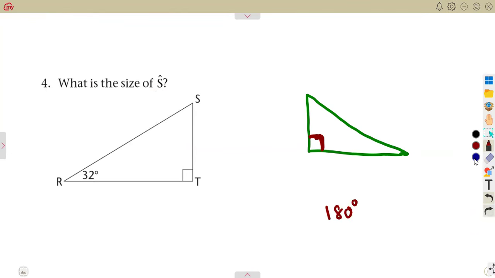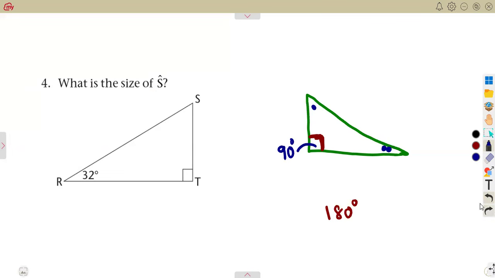So here already there is a 90 degrees. Can you tell me something about these two angles that are remaining? What is important about this angle here and this angle here?